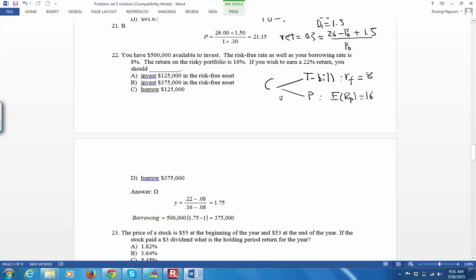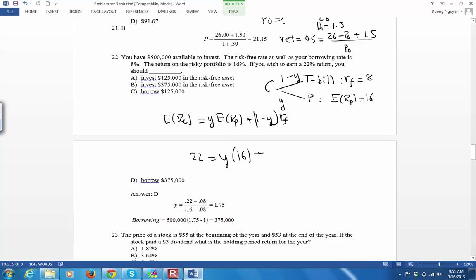So if the portion you invest in P is Y, the portion you invest in the T-bill is 1 minus Y. So using the equation we had before, ERC, the return of the complete portfolio, equals Y times ERP plus 1 minus Y times rF. You want to earn 22%, so it equals Y times ERP, which is 16, plus 1 minus Y times rF, which is 8.